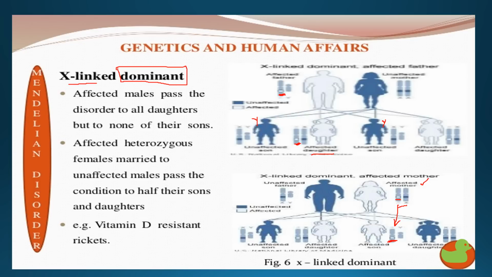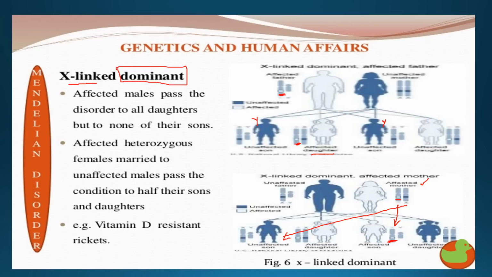This normal is inherited by this son, and this mutant is inherited by the other. So whichever male child inherits this mutant X chromosome will be affected by this X-linked dominant disease.